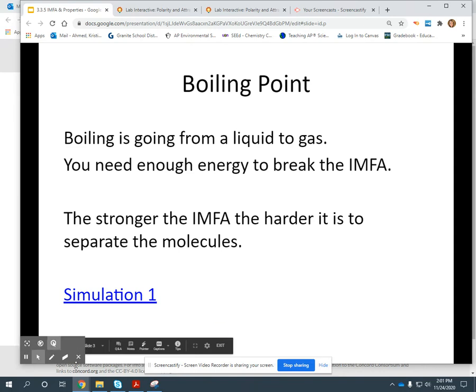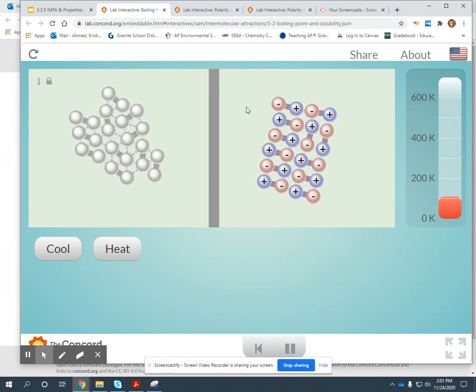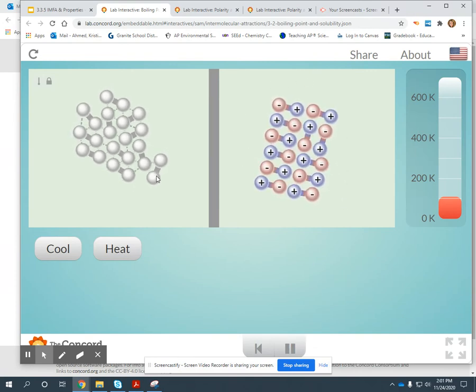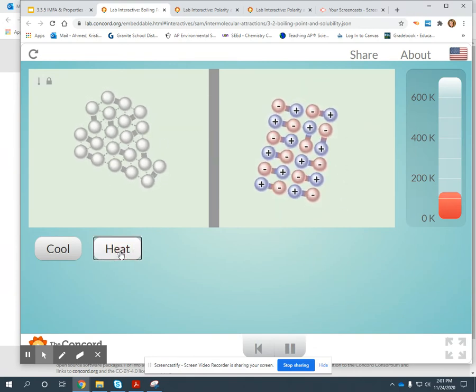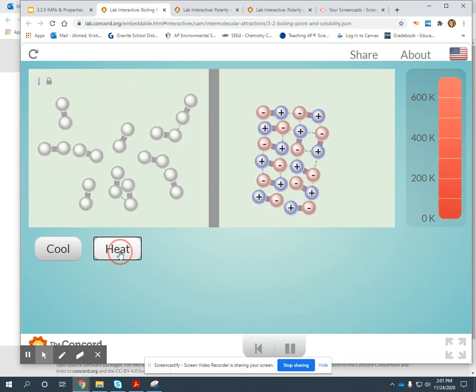Here's another example that you guys will be using that shows the melting point. Again, here's a nonpolar substance and here's a polar substance. You guys will see this in the simulation, but I want you to make a prediction about which one you think is going to boil faster when we heat these two compounds. So when I heat these two compounds, notice here's our high polarity substance, here's our low polarity substance. As I increase the temperature, which one boils first?